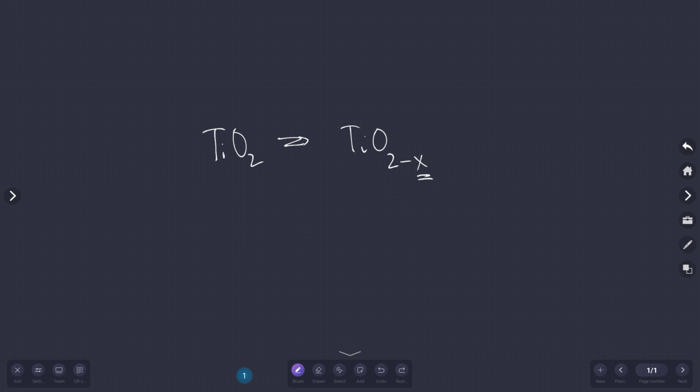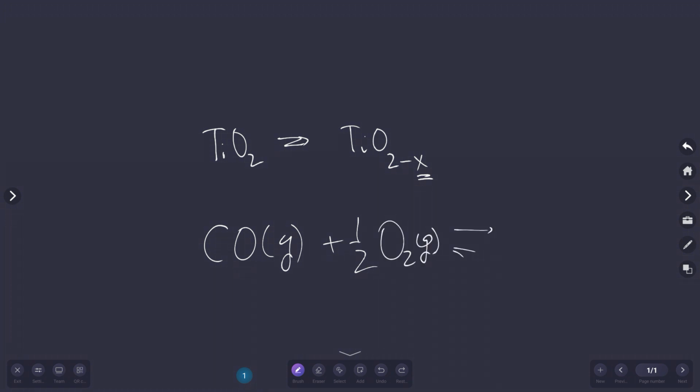CO, for example, reacting with half a mole of oxygen gas gives you CO2 at equilibrium. In thermodynamics, it's clear that if you mix CO and CO2 at a particular ratio, at a given temperature, it will create a unique PO2.